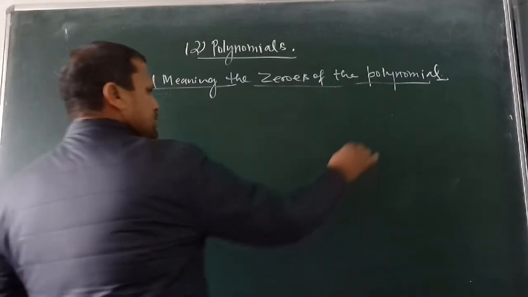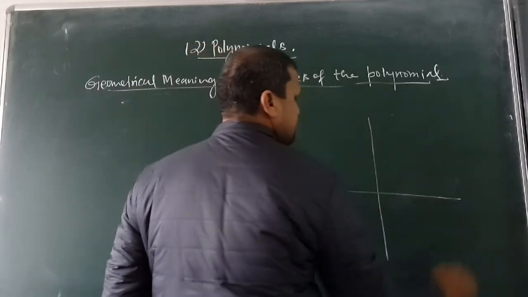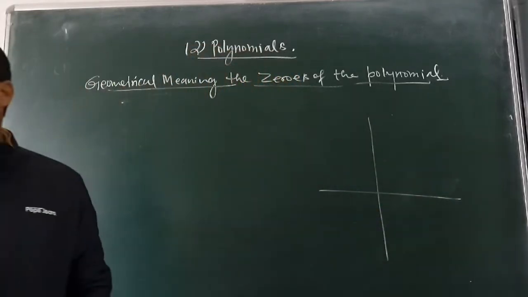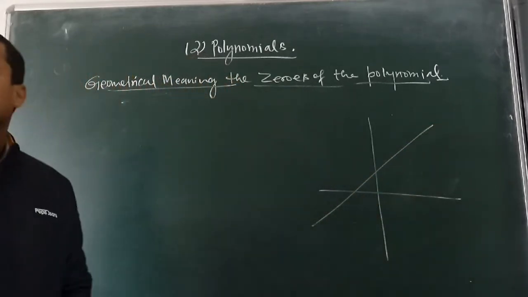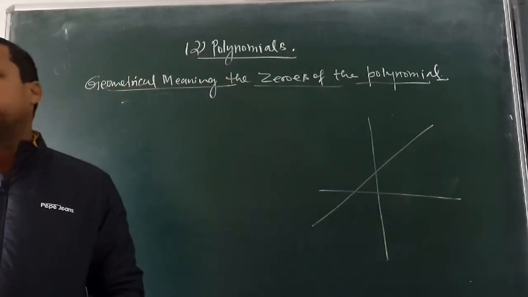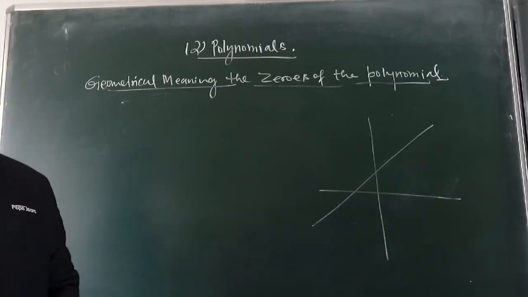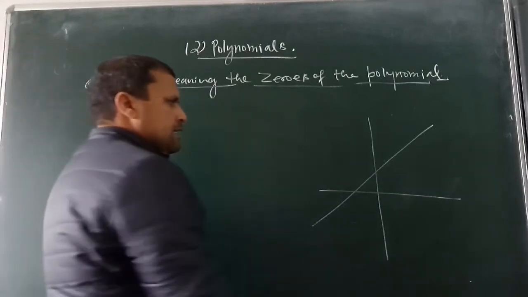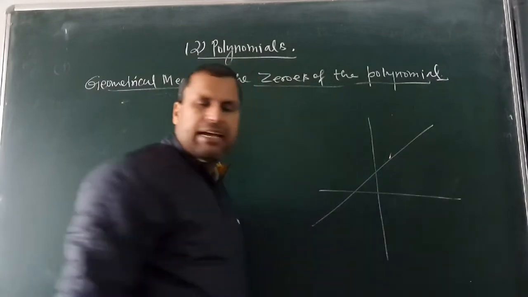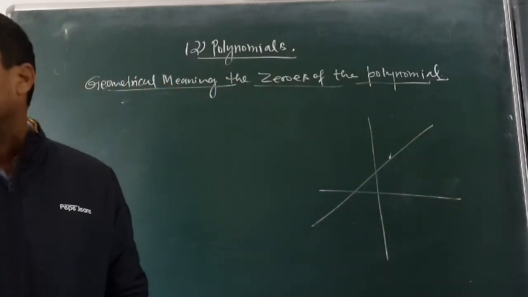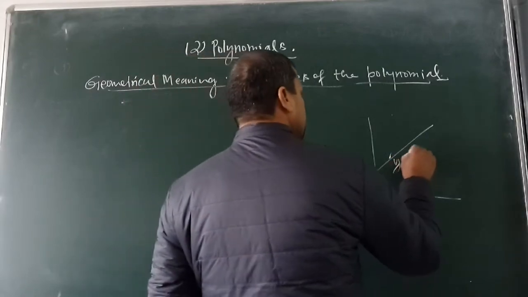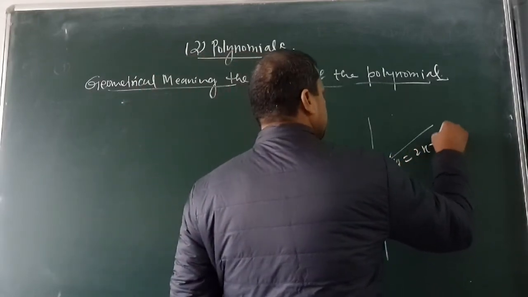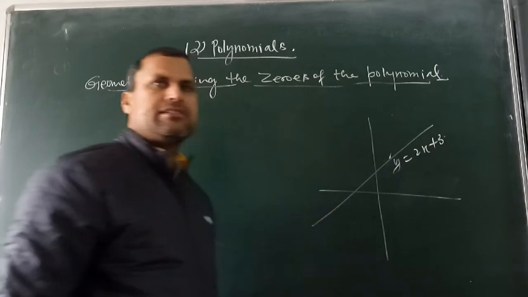So, suppose this is the coordinate axis and one straight line intersects the x-axis and y-axis. Okay? Suppose this line is y equal to 2x plus 3. So, this is a linear equation.